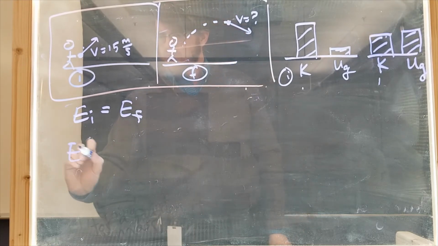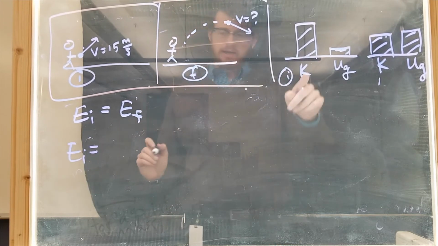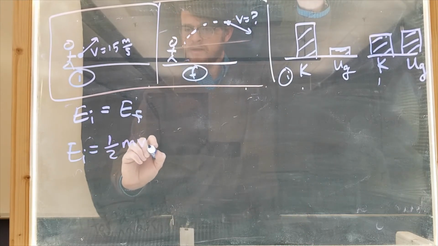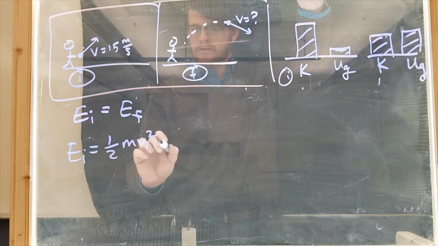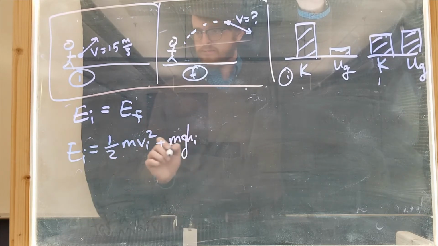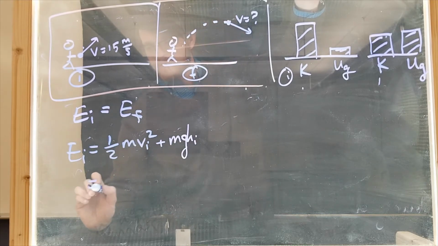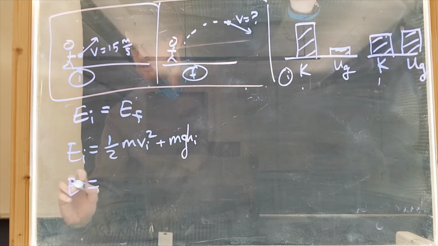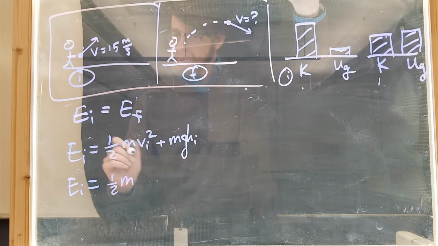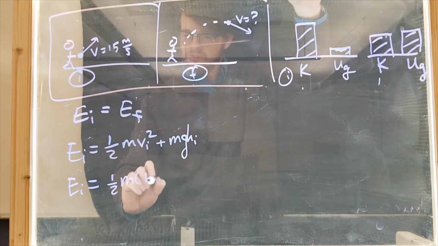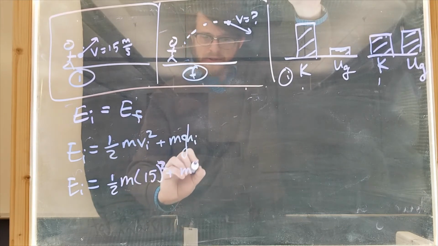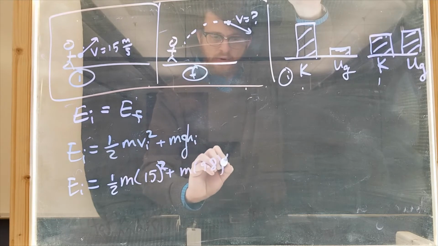So E initial equals, well, I have some kinetic energy, 1/2 m v initial squared, plus m g h initial. I'm going to keep filling in information that I know. So E initial equals 1/2 m, which isn't given, times 15 squared, plus m times 9.8 times 1.